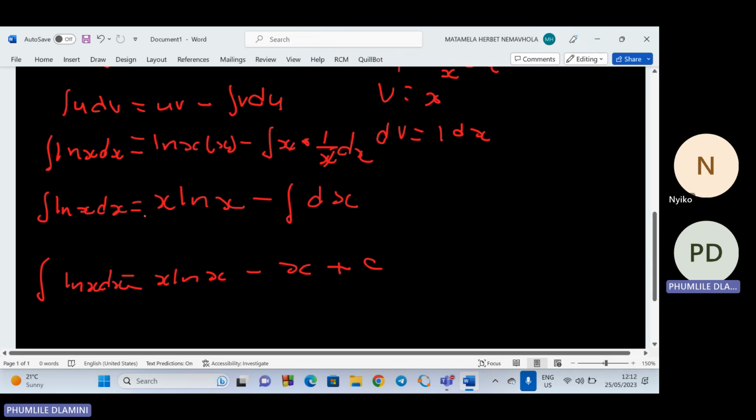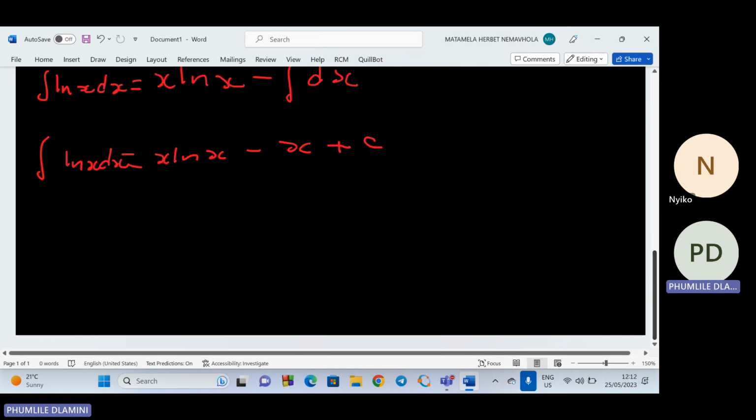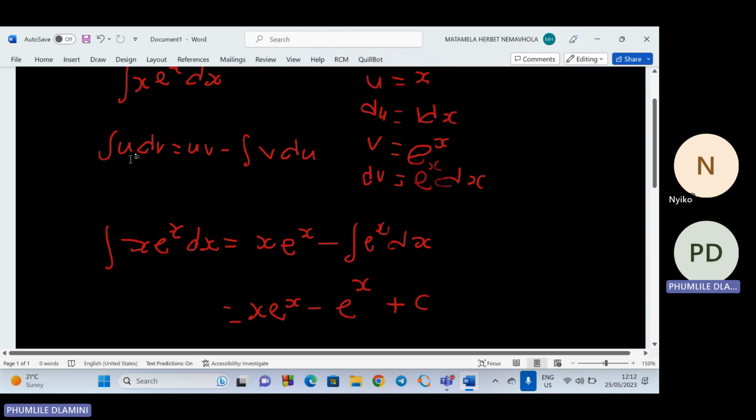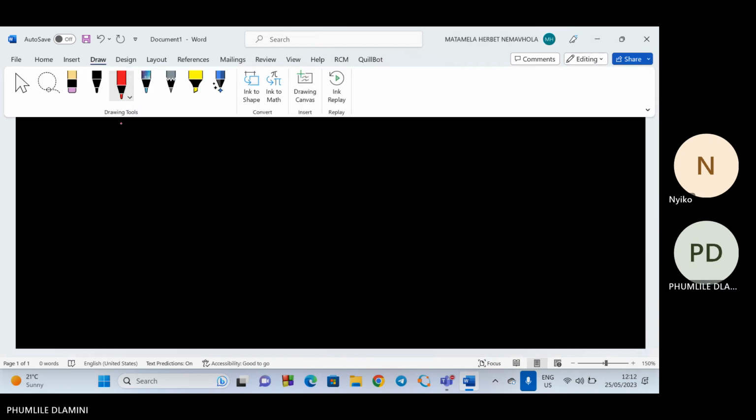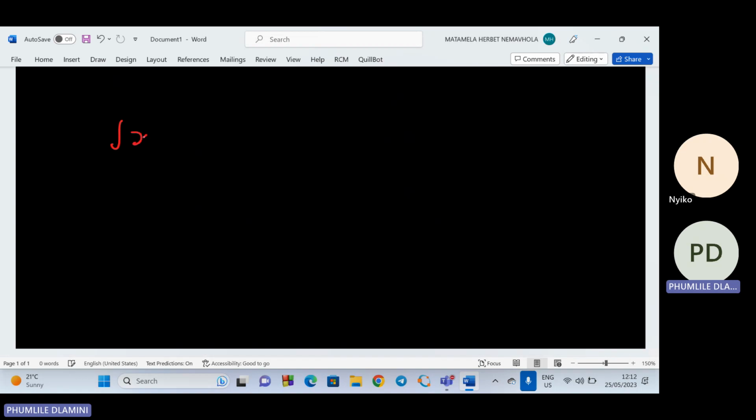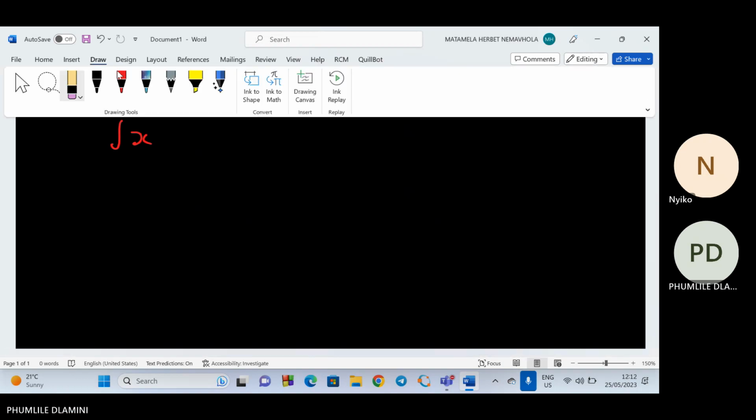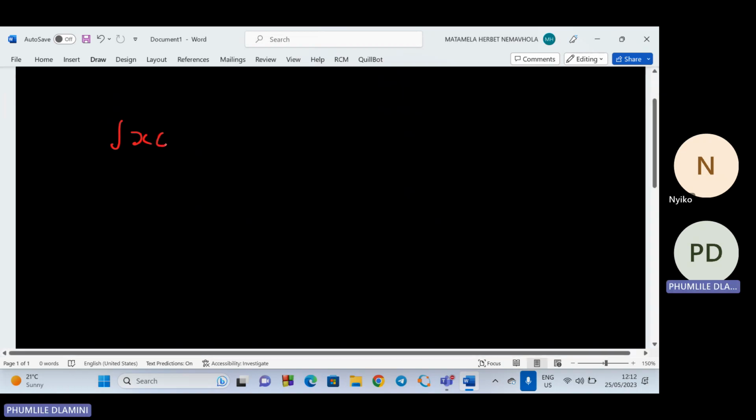So with integration by parts, as you are using them, sometimes you might find that you are dealing with an integral, which can be the integral of, let's say, x cos x.